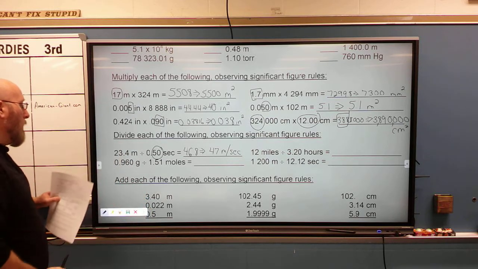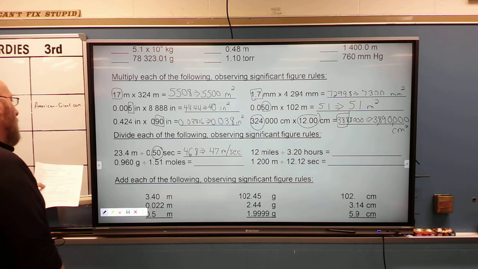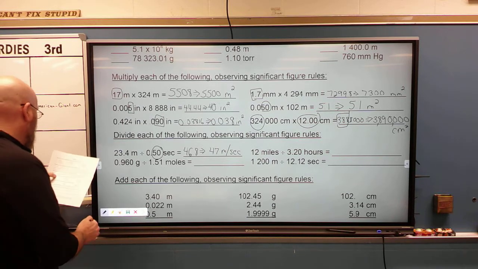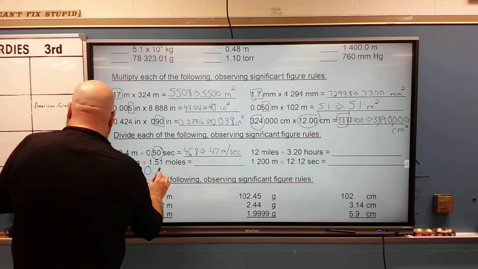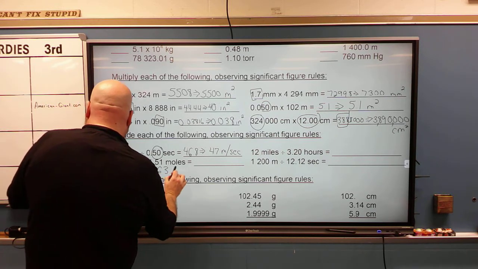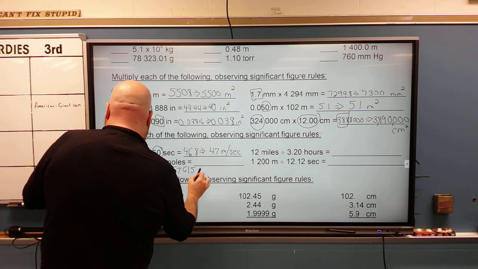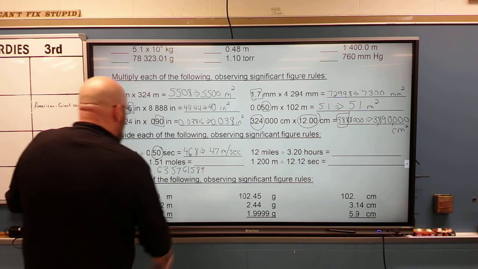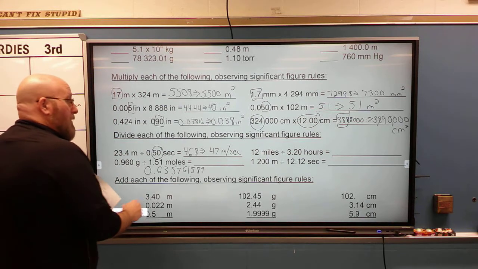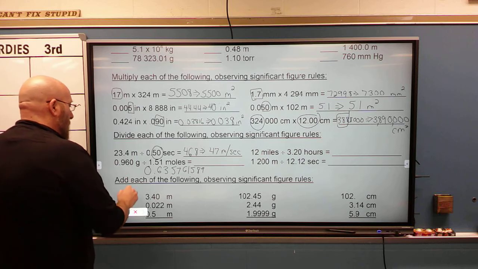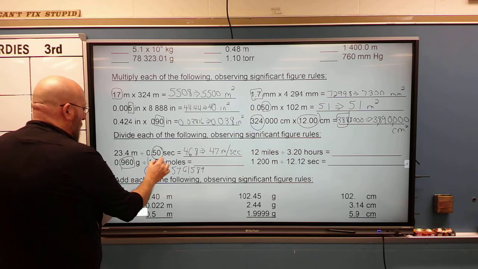All right, the next one below it, 0.960 grams divided by 1.51 moles. When you do that math out, you get 0.635761589. I don't want to write all that, do I? That's the great thing with significant figures. I can look at the one with the fewest. This one has 3. This one also has 3.